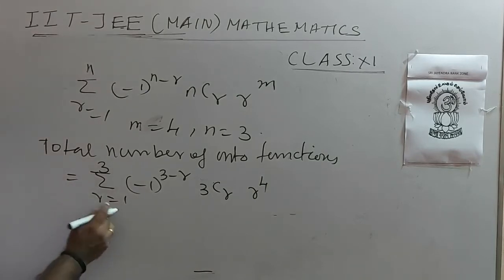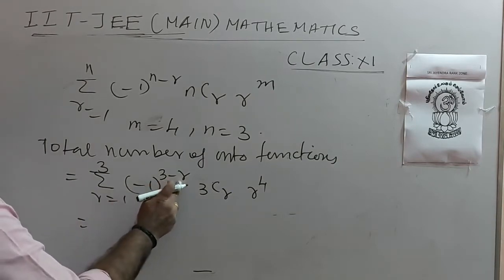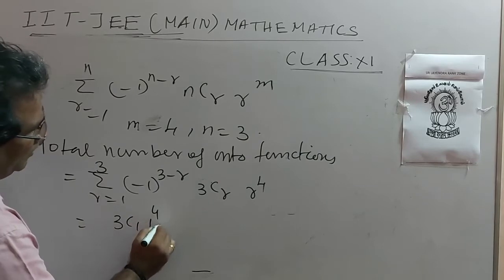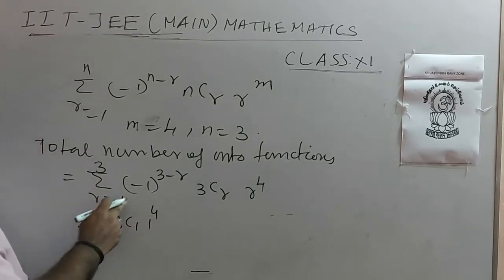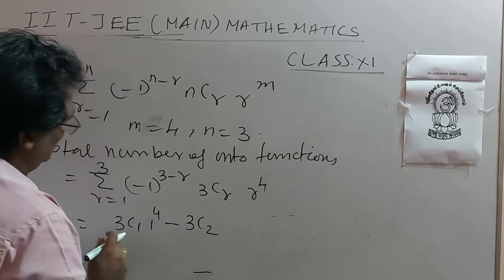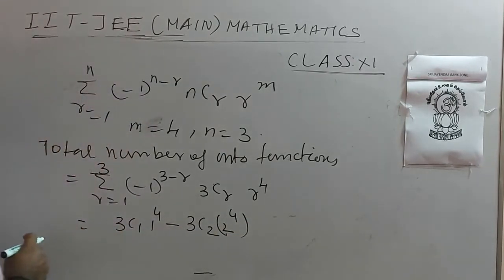Applying r equal to 1: (minus 1) whole power 3 minus 1, that is 2, so whole square, then 3C1 into 1 power 4. If you take r equal to 2, 3 minus 2 is 1, that is minus 3C2 into 2 power 4.